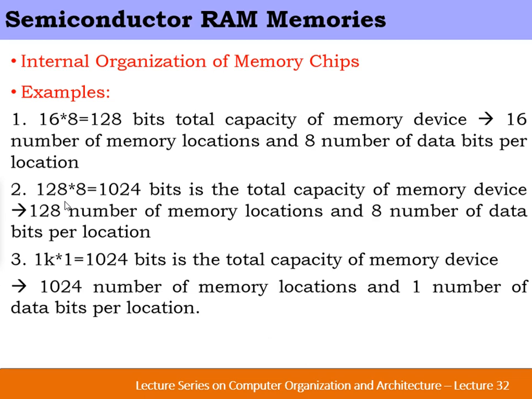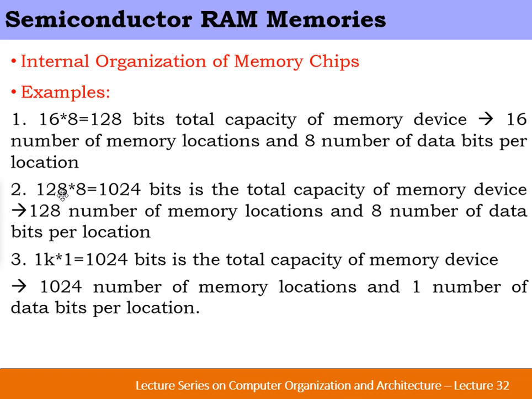We have one more example, like 128 into 8. So 128 into 8 gives 1024 as the total number of bits, that is, you can store a maximum of 1024 bits in that memory device. The first part specifies 128, which indicates the total number of memory locations, and per location you can store 8 bits of data.